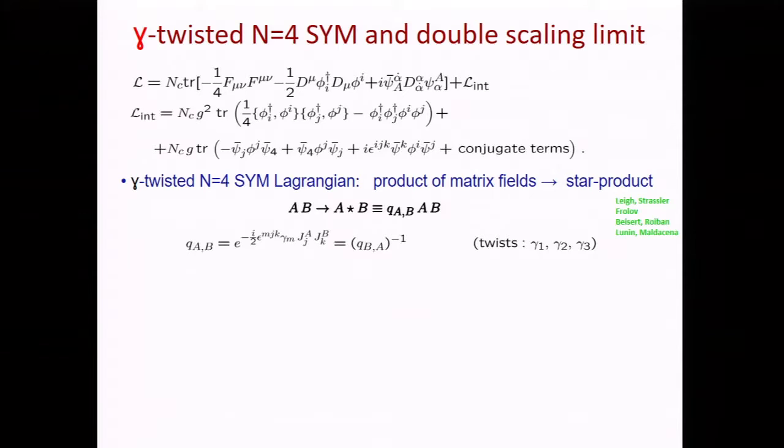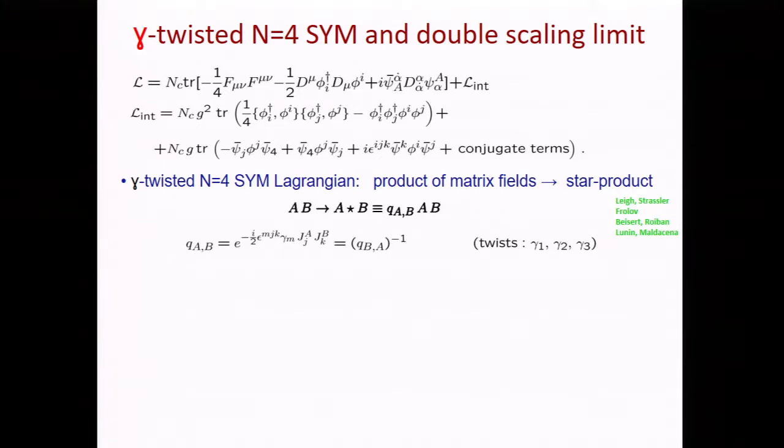So if A and B are products of two neighboring fields, then the star product will enter with a specific factor q_AB, which is an exponent of an antisymmetric bilocal combination of 2 charges J of A and B field respectively, and so if you exchange B with A, it becomes 1 over q.